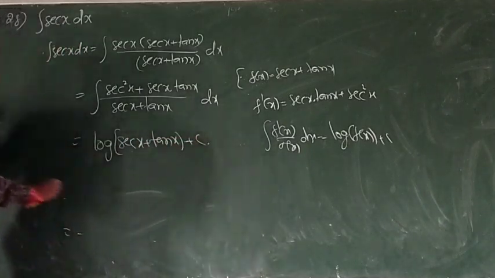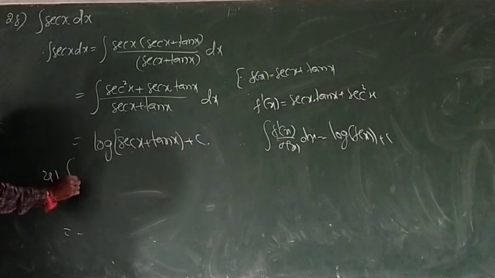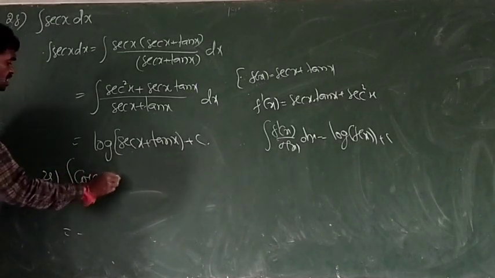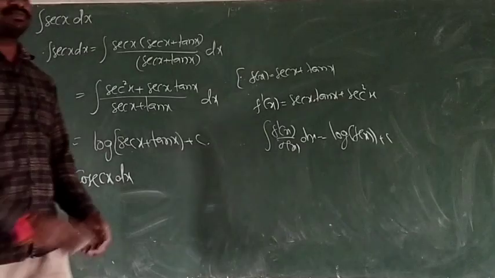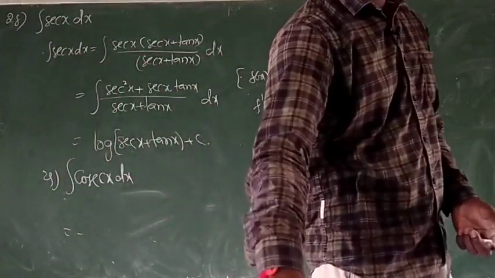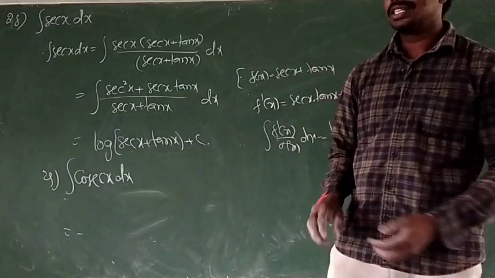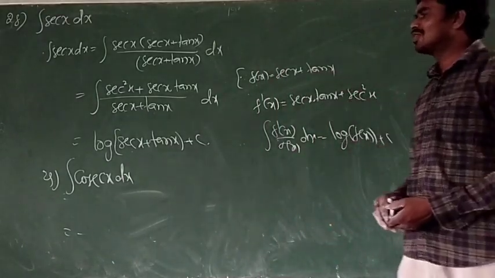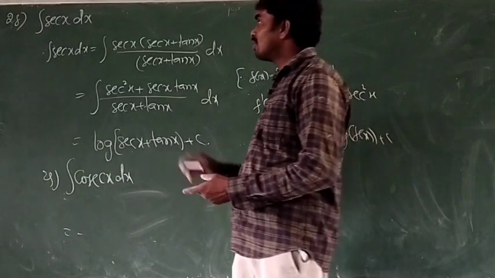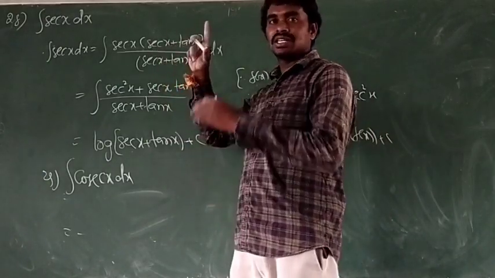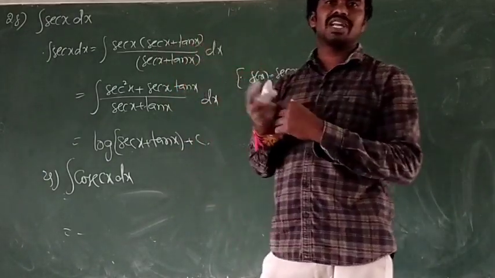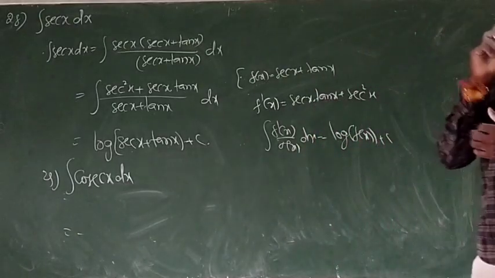That's it. You just try the 29th problem: how to find the integration of cosecant x dx. Same way. Rationalizing with what? Cosecant x plus cot x? No. For secant and tan, both are positive, but here for cosecant x take minus.